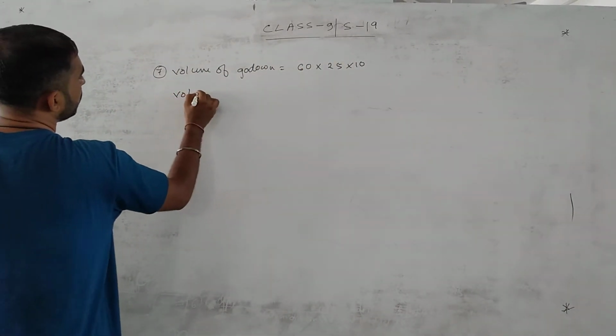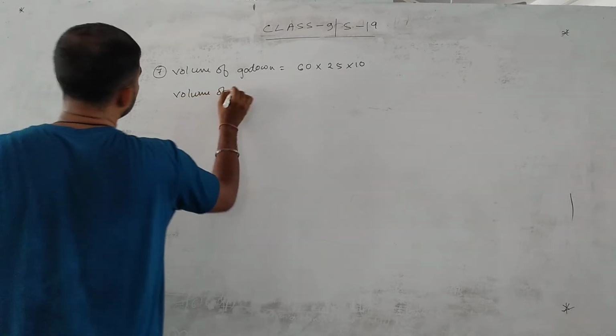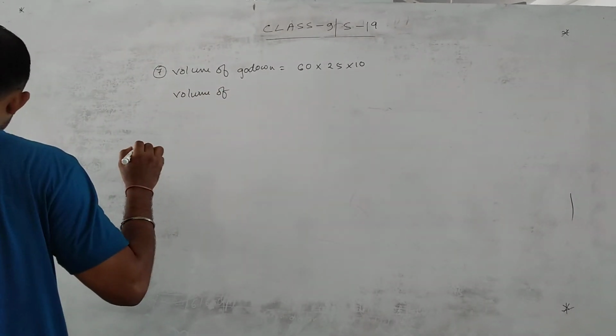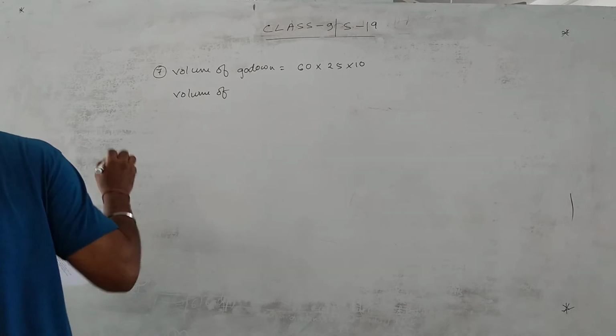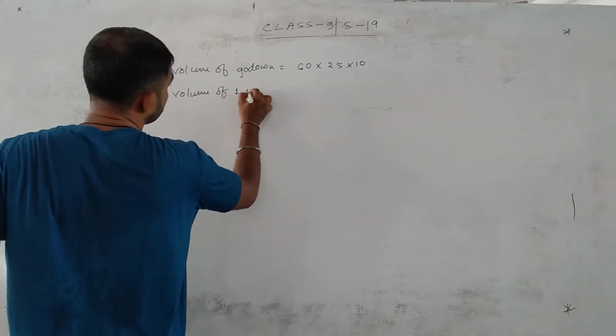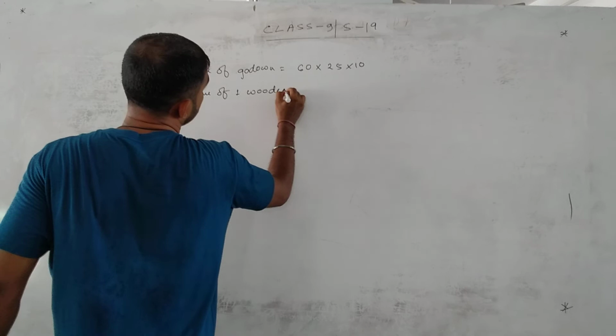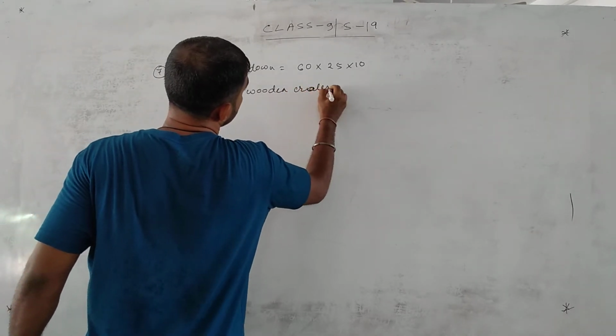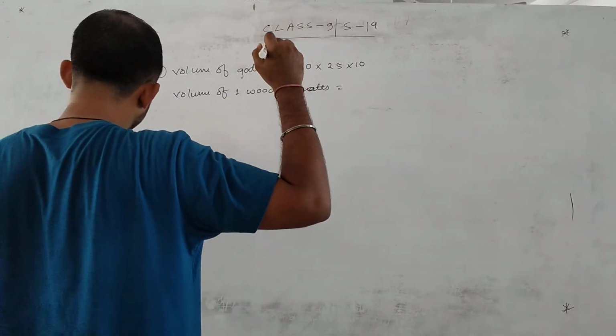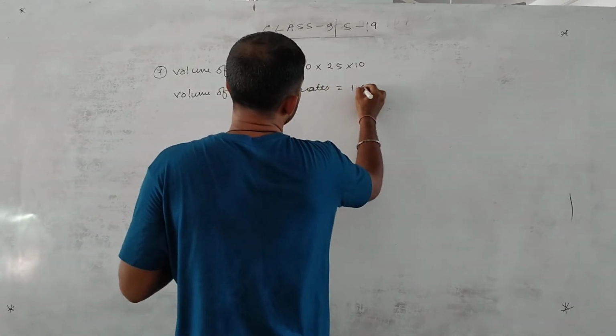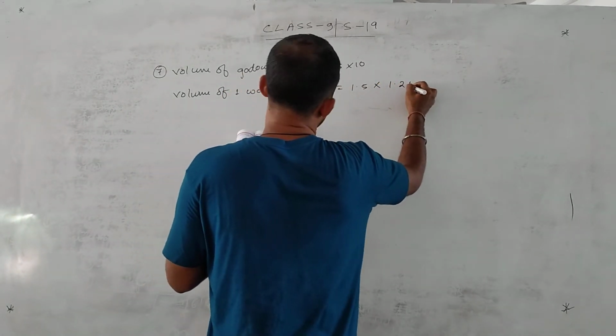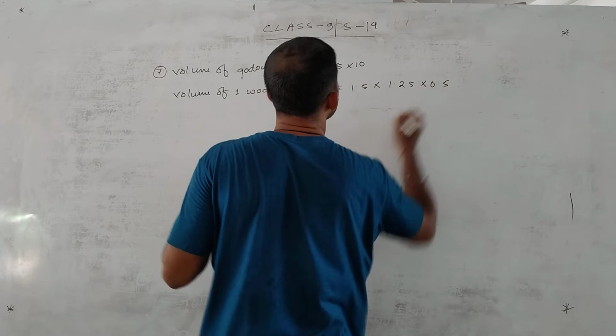Then the volume of one wooden crate equals 1.5 into 1.25 into 0.5.